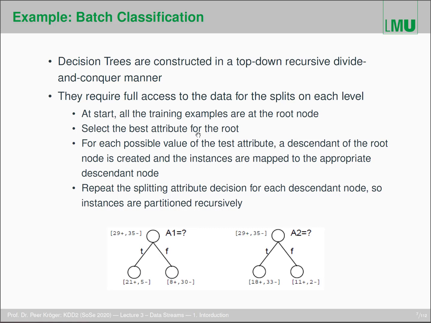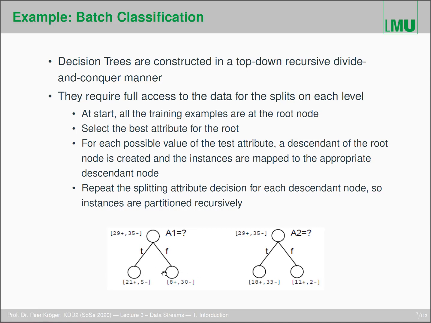You select the best attribute for the root, and then for each possible value of the test attribute, a descendant of the root node is created. If you have, for example, a binary valued attribute, you get two descendants, two subtrees, and for all of those subtrees, you repeat the splitting of the attribute decision.